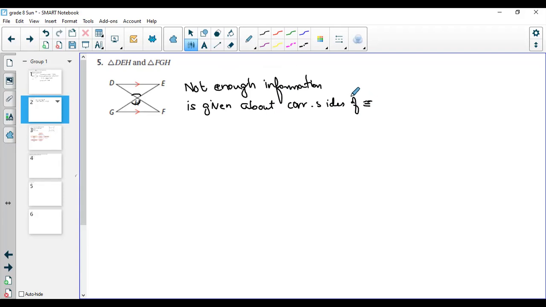So which means we cannot use ASA here, because we just by ourselves found out that one pair of angles is equal. What about the other pairs and what about these sides? They did not give us anything, so enough information is not given.